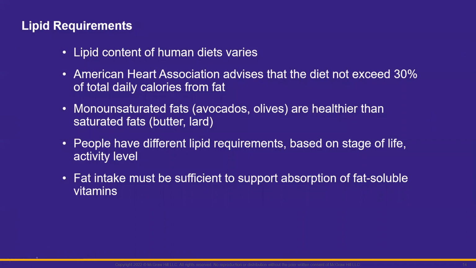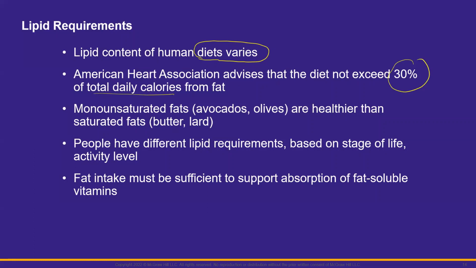Lipid requirement. So this varies within humans. Okay, some people can take more fat or less fat. The American Heart Association advised that the diet not exceed 30% of total daily calories.